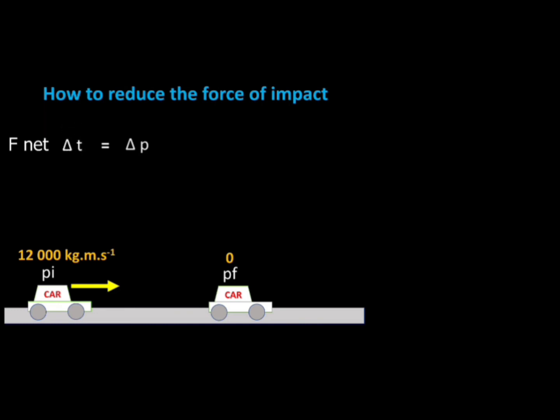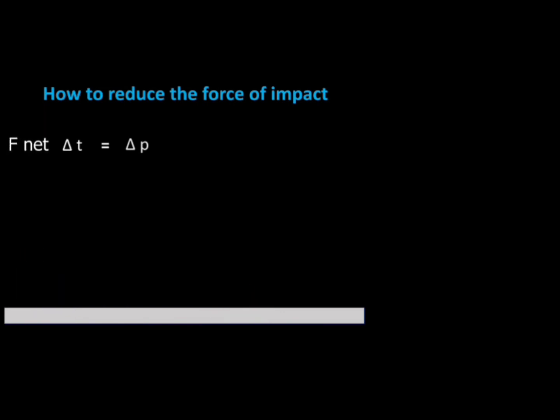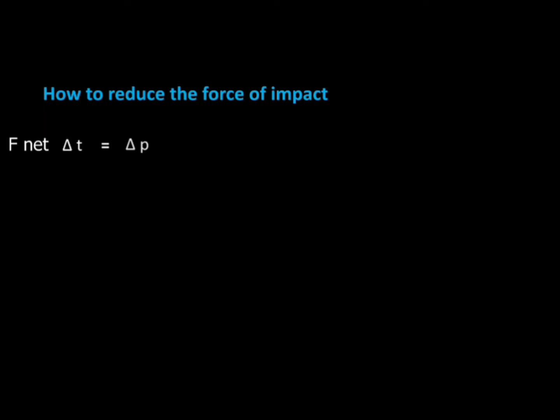And that delta T will ultimately then affect the size of the net force. Okay, let's investigate a little bit. Keep this value of 12,000, we're going to use it. So we can rearrange the impulse momentum theory formula and say the net force is actually equal to the rate at which momentum changes.